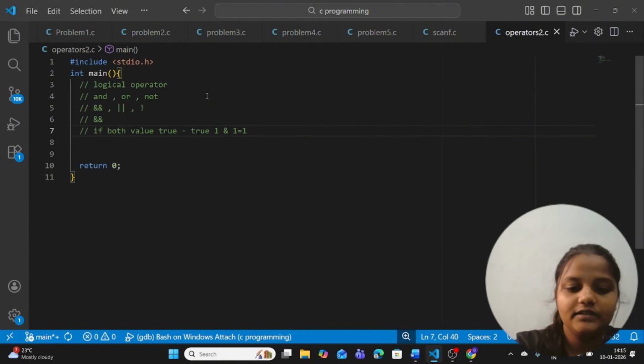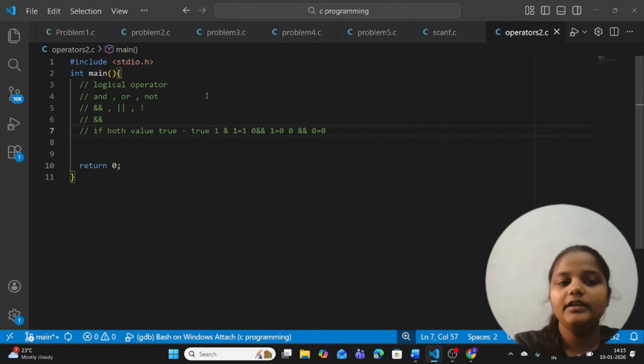If it is 0 and 1, it is 0 only. If it is 0 and 0, then it is also 0 only. Only if both values are true, that means both values are 1 and 1, the output will be 1.